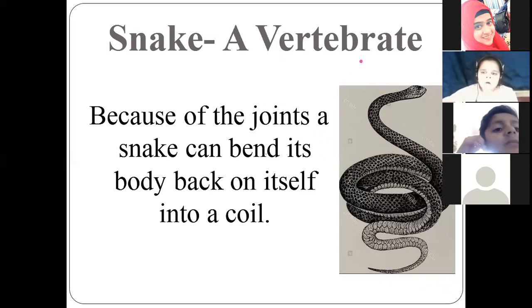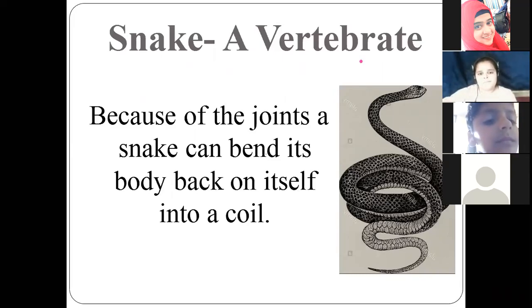So now what we are discussing, that all of these are joined together. There is a joint present in each joint, in each vertebra. All right. So what is the benefit of this? That it can bend its body back into a coil shape itself.